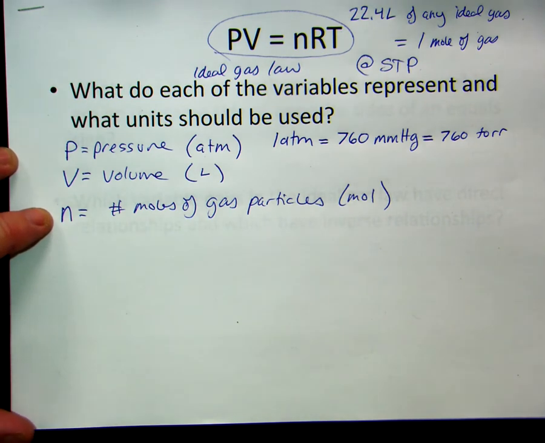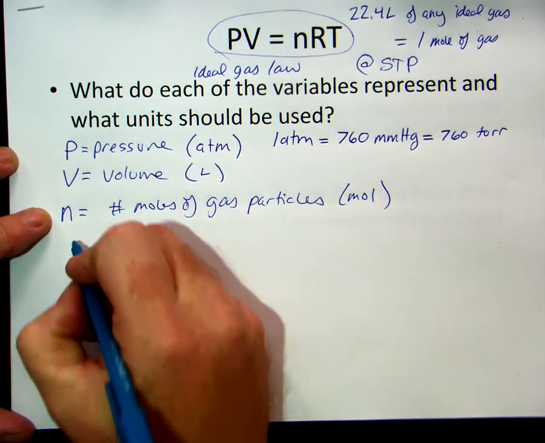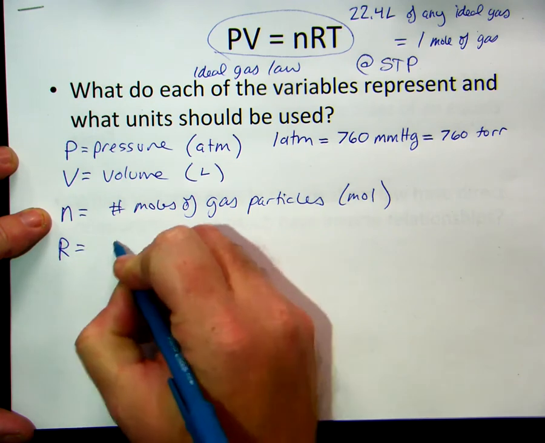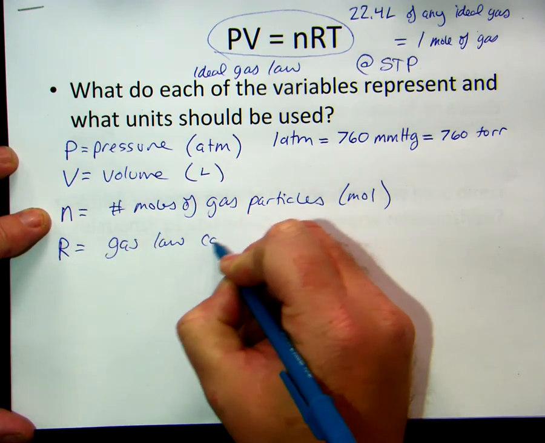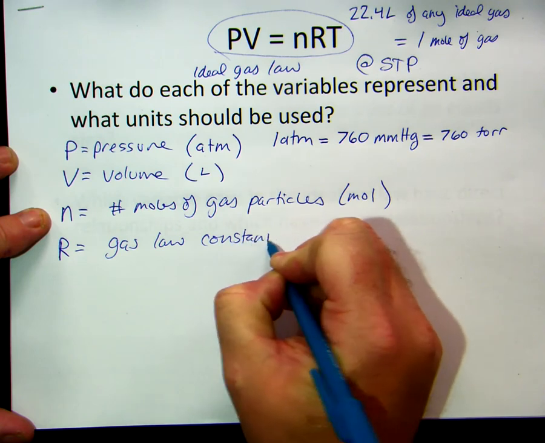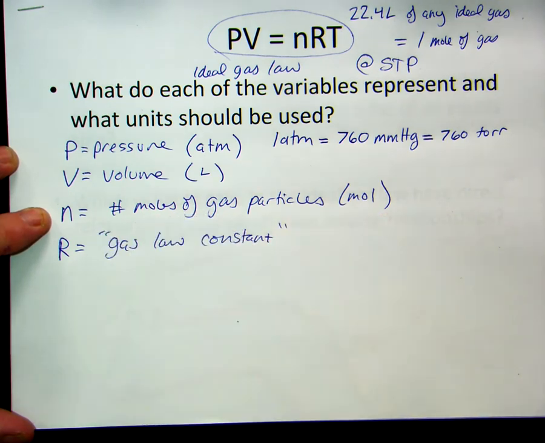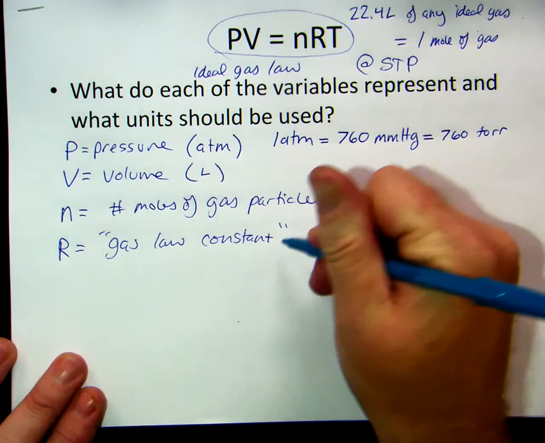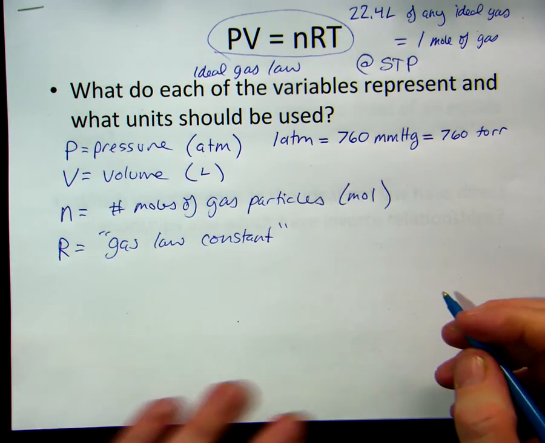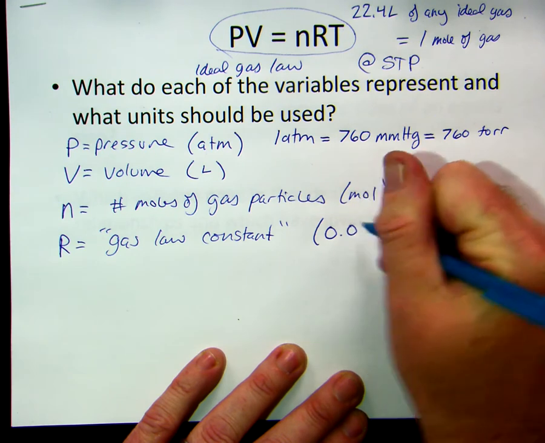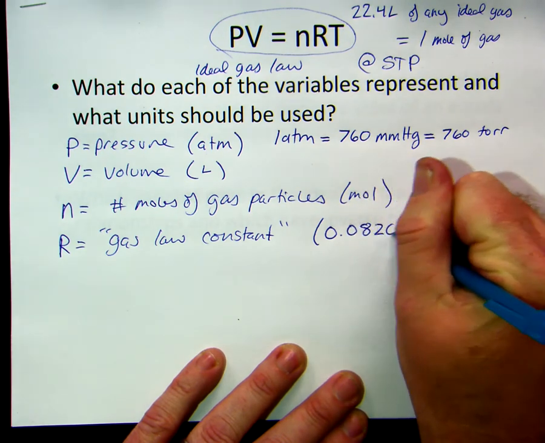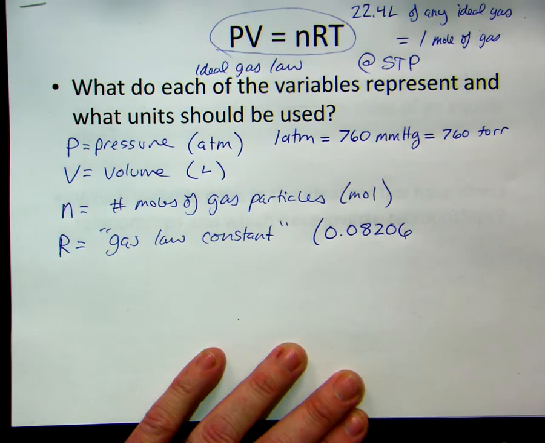Okay, R is actually not a variable. It's known as the gas law constant. And it equals 0.08206 to 4 sig figs.